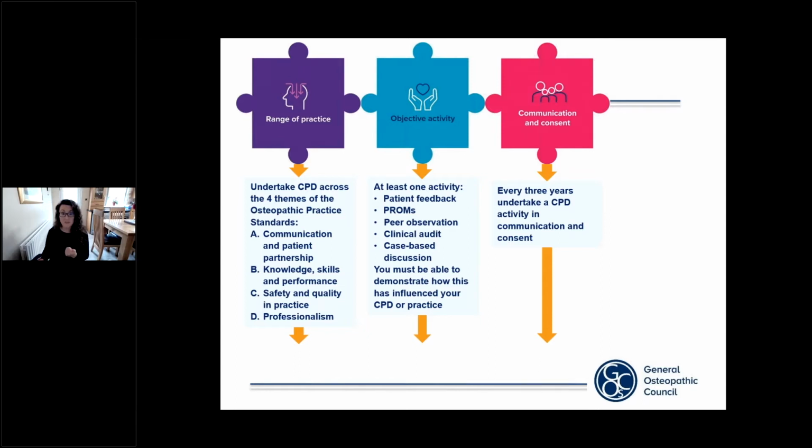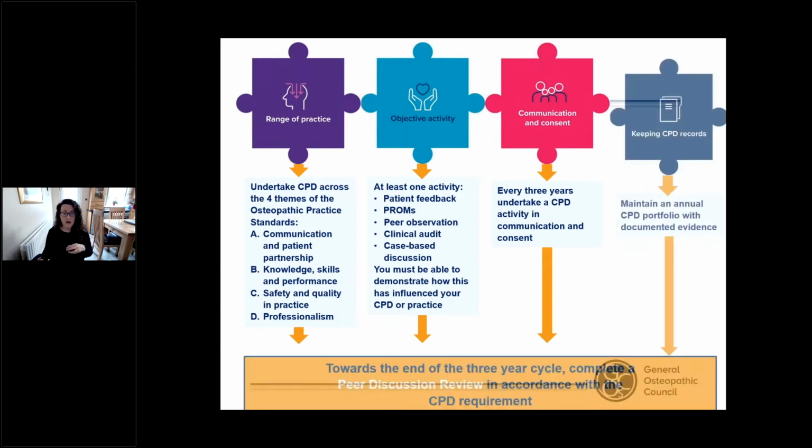You could meet your objective activity requirement and your communication and consent. The reason we have chosen to focus on communication and consent is that this is an area that has high reported concerns from patients. And doing an activity in this area will help you demonstrate how your CPD benefits patients.